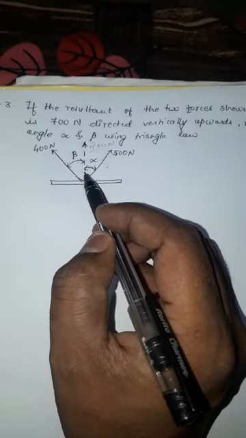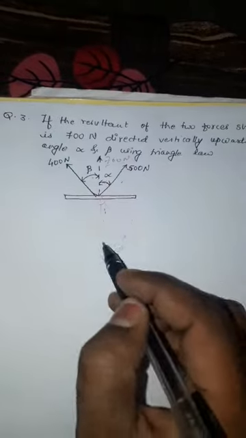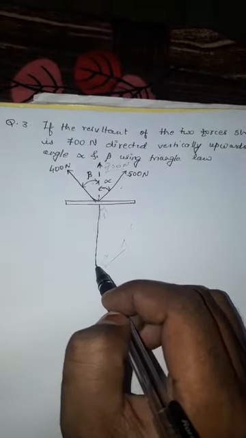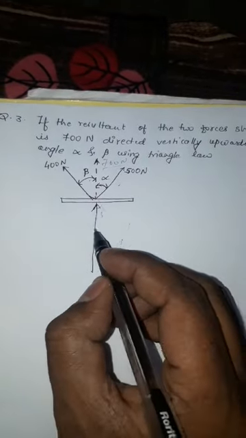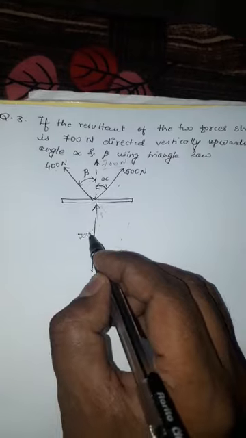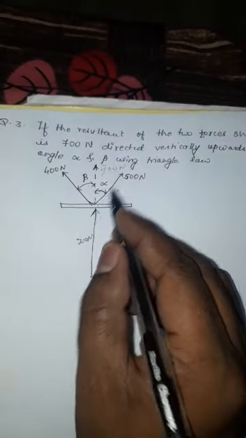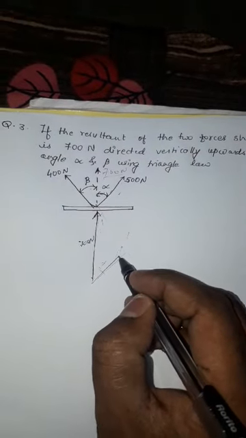So as per the triangle law, initially I have to convert this force system into a triangle. For that I am just extending the resultant in a downward direction. So this will be the resultant. I am just transferring the line of action of the resultant, which is nothing but the 700 Newton. Next, you are given this force as 500 Newton, so this is the 500 Newton force I have drawn here.